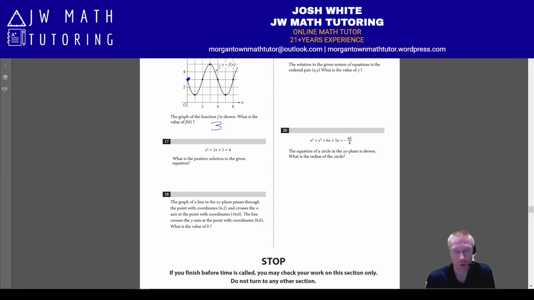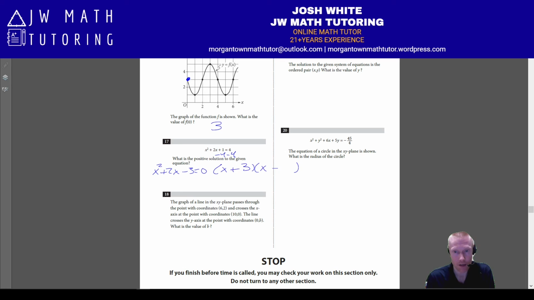Okay, so here we have a quadratic equation. And there's several different ways you could solve this. I'm going to do it with factoring first. I'm going to subtract over the 4 on both sides. So I get x squared plus 2x minus 3 equals 0. Then I'm going to factor it. So I'm going to get x and x, and it's going to be plus and minus.